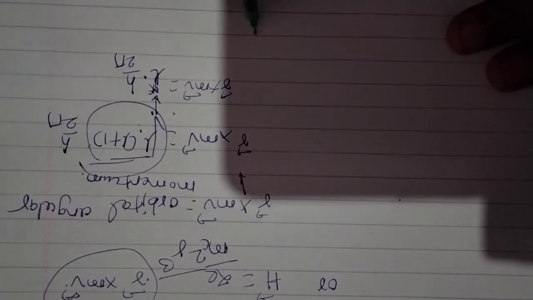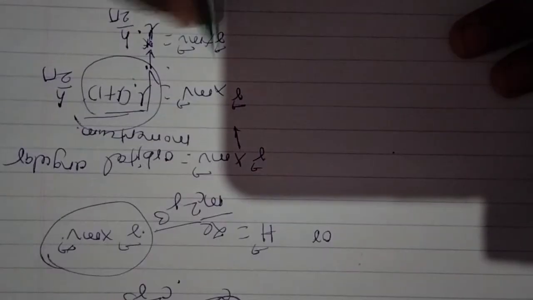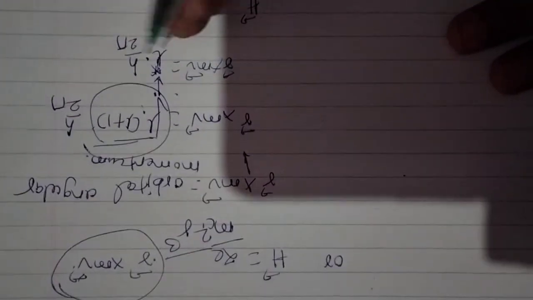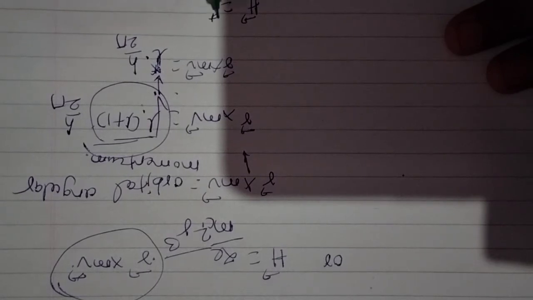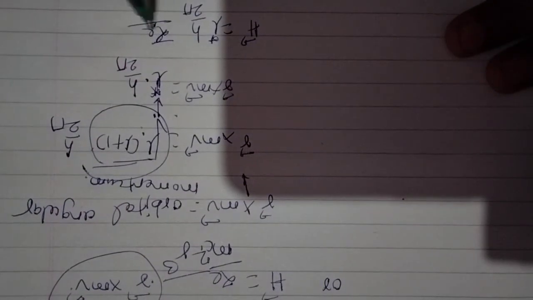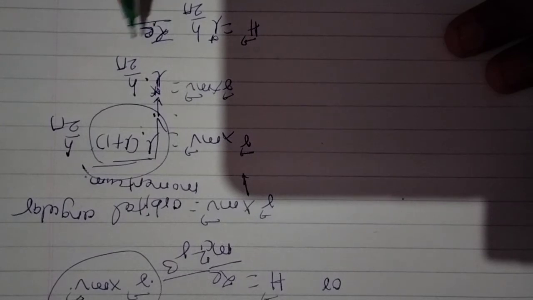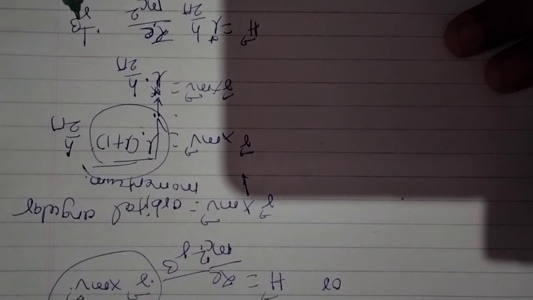So hence the magnetic field H bar becomes L star h upon 2 pi into ZE upon MC squared into 1 upon R cube.